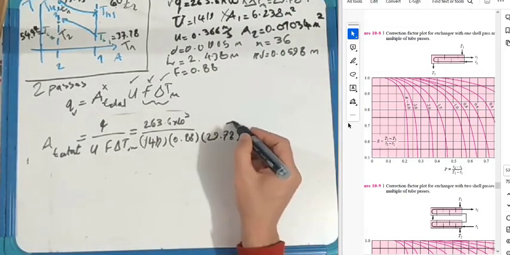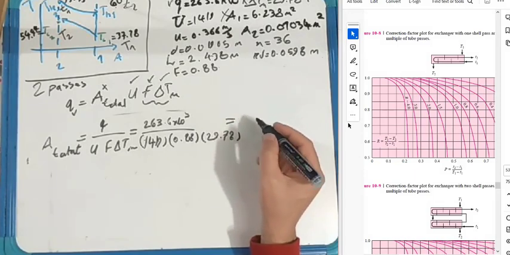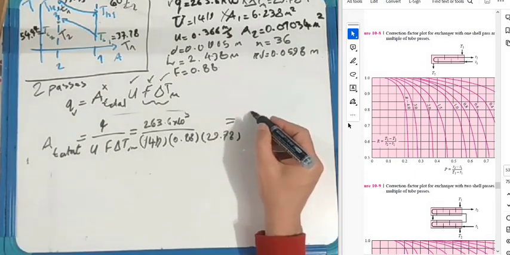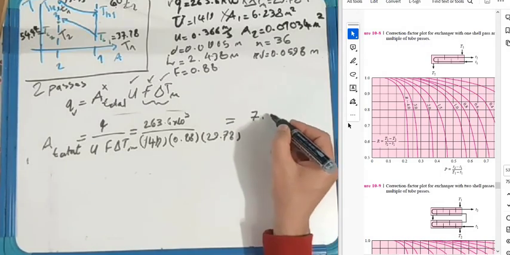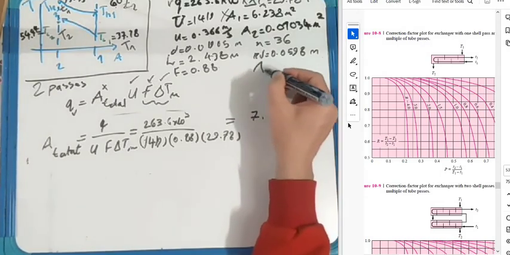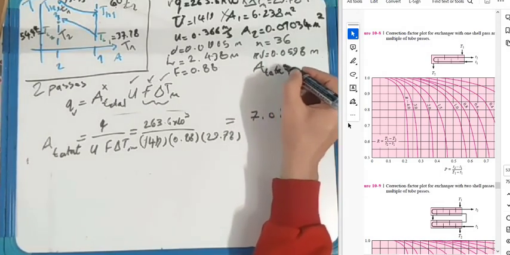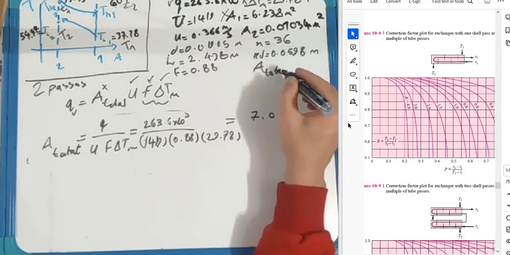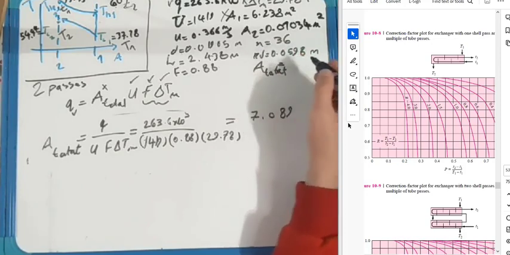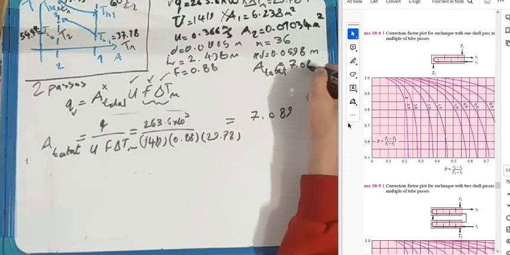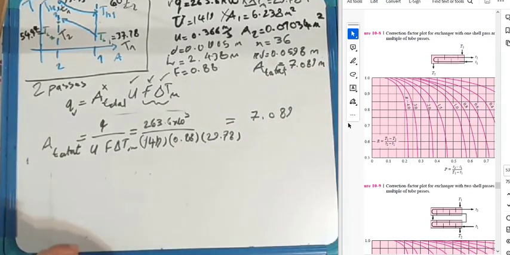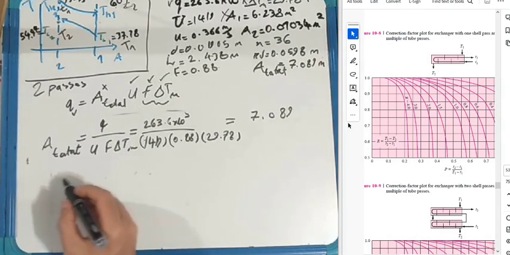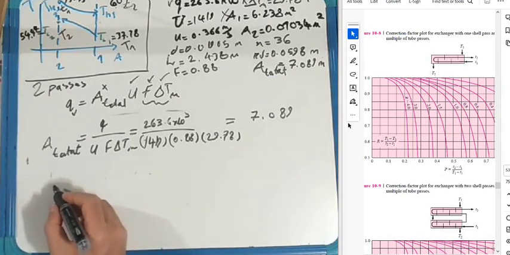A will be 70.89. A total for two passes. It is for two passes, 70.89 square meters.